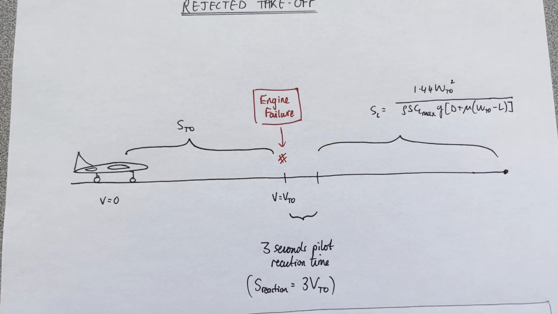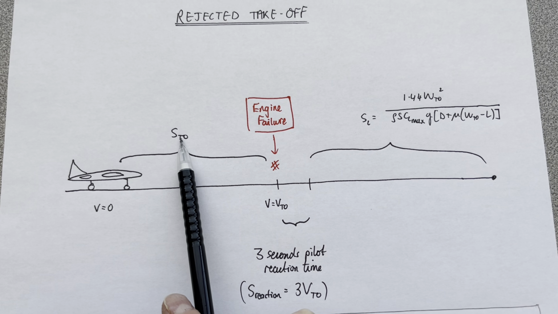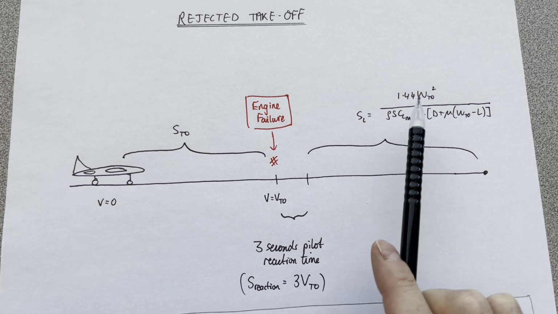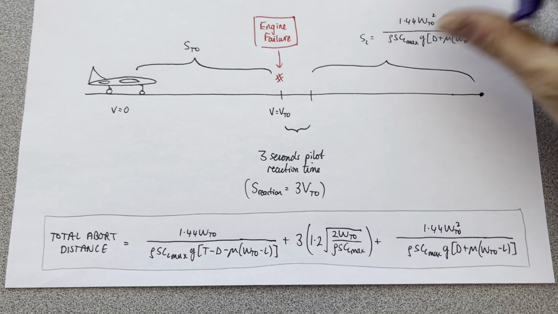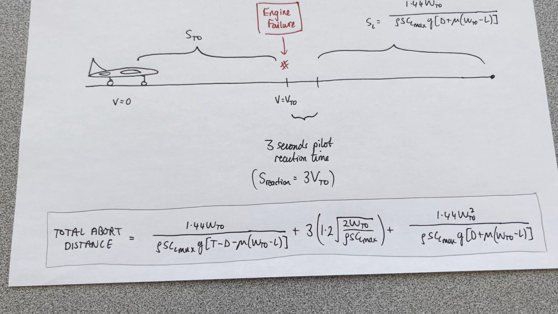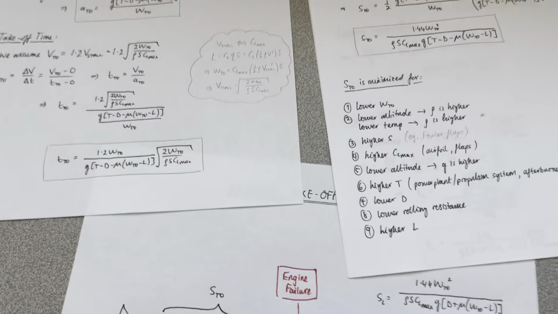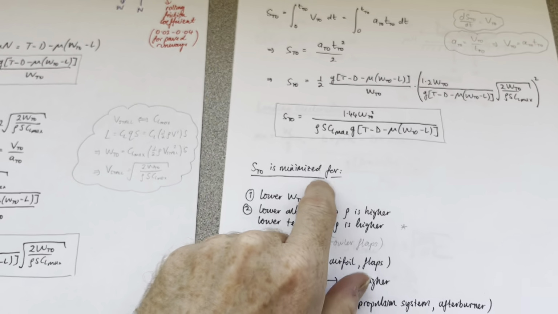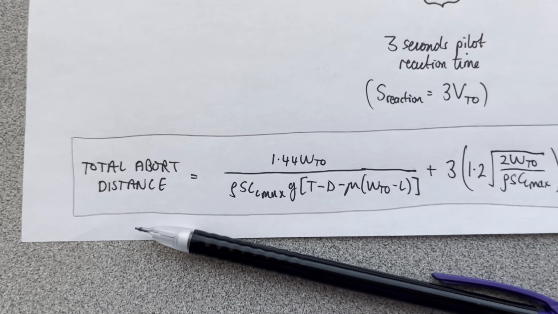So what we have to do in order to calculate the total distance required here is add this to this to this. Add those 3 pieces together to get a total distance required, and that's what this is down here. So this is our takeoff distance from before. Let me show you the equation from where we modeled it in the first video. So that's this takeoff distance, that's that piece.